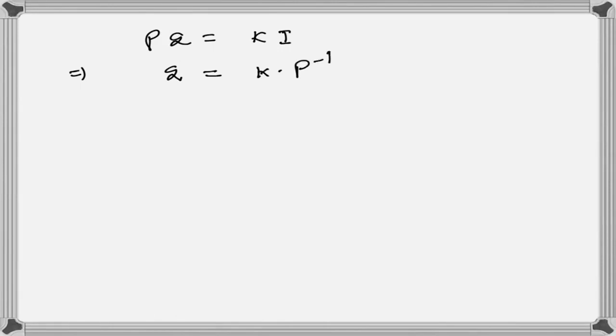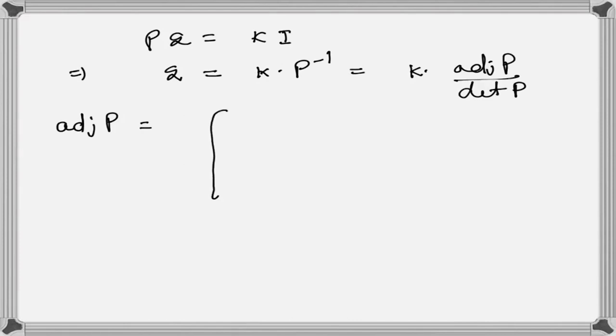So to calculate the P inverse, we should know what is the adjoint of P. So Q is nothing but K times adjoint of P divided by determinant P. So let's calculate adjoint of P. Adjoint of P is easy to calculate.